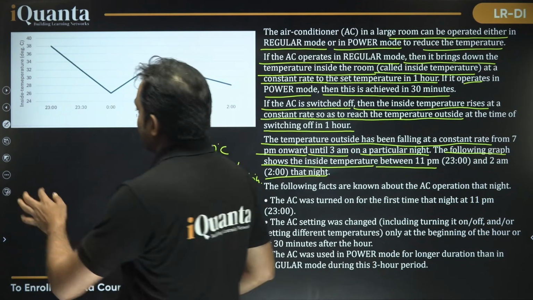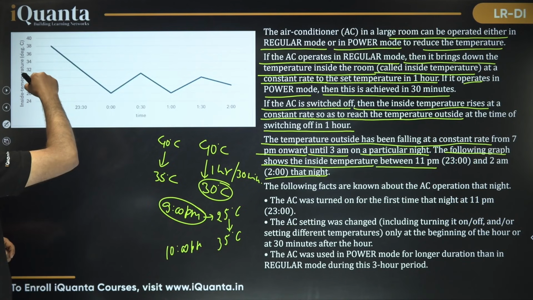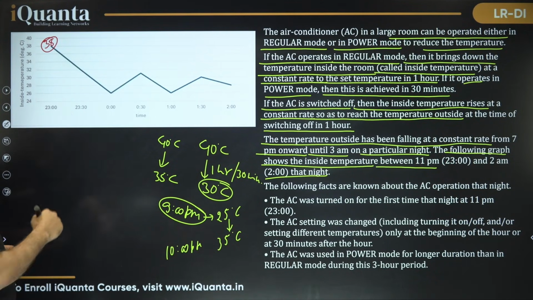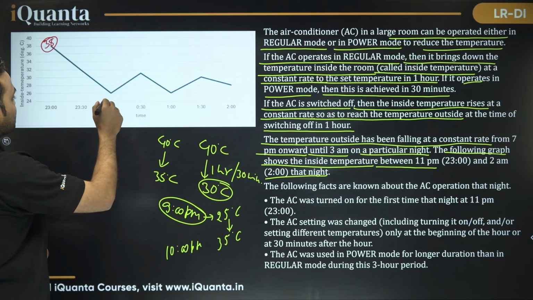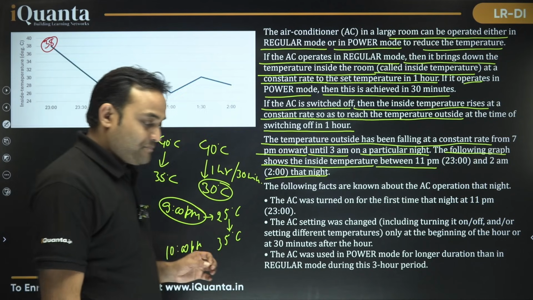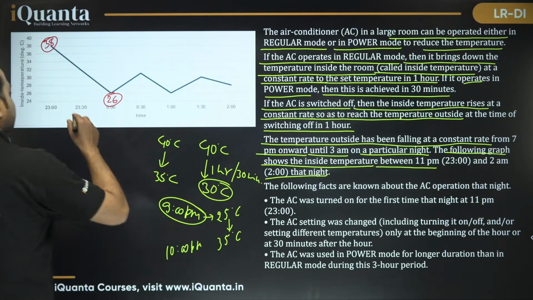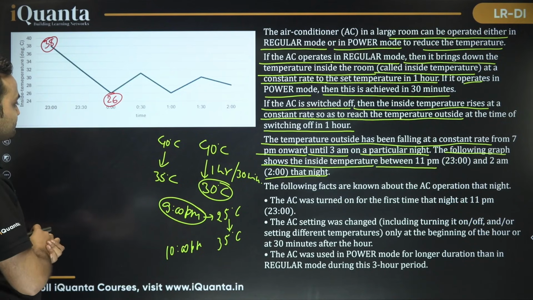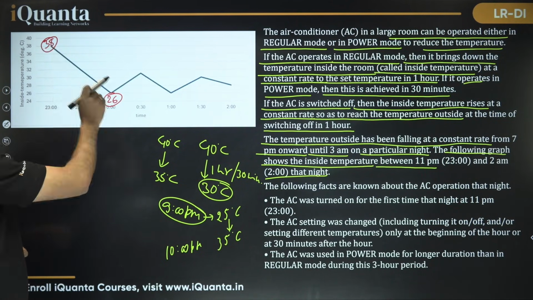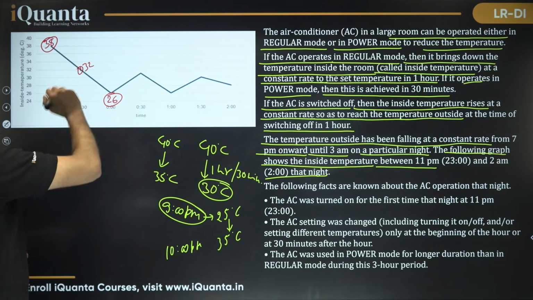Okay. So we can simply check the values. At 11 p.m., the temperature is 38 degrees Celsius, right? At 12 o'clock, it's 26 degrees Celsius. And the temperature is falling constantly, can we say? So at 11:30 p.m., the temperature will be just the middle of these two, which is 32 degrees Celsius, right?